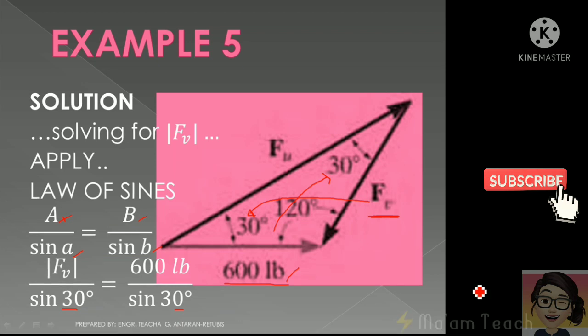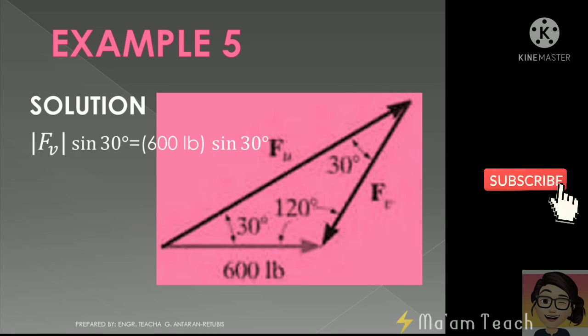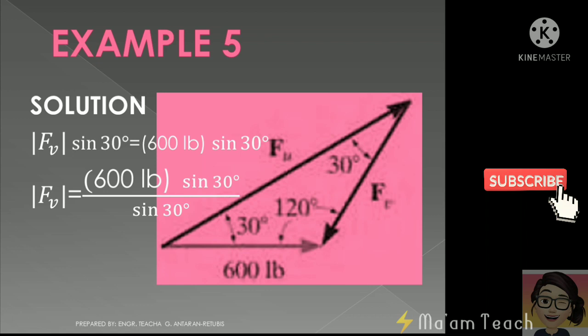Now cross multiplying, we'll have this one. Since our target is f sub v, we will divide both sides of the equation by sine 30. Using your calculator, encode these values. Therefore, the value of f sub v is 600 pound.